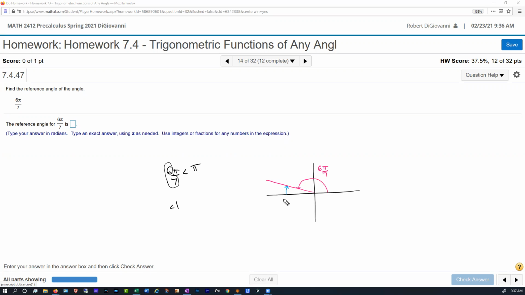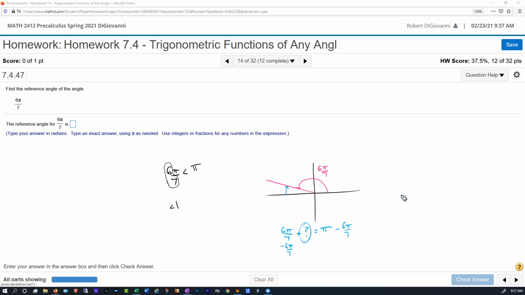We're asking ourselves, if we take 6 pi over 7, what do we add to it to get pi, to get this half rotation? If I look at it that way, I can subtract 6 pi over 7 from both sides of this equation, and then I'm solving for the question mark.